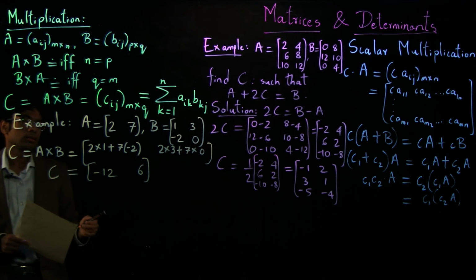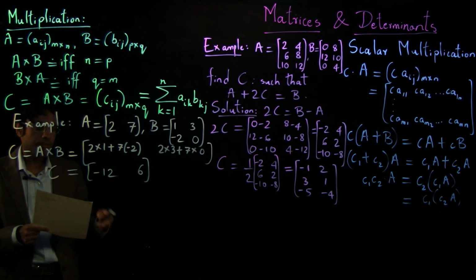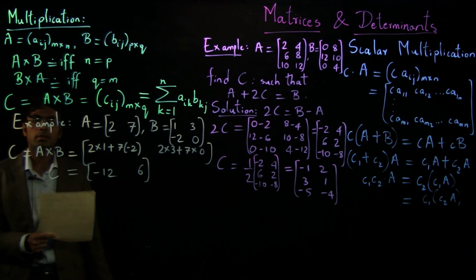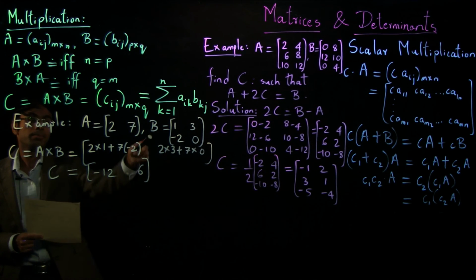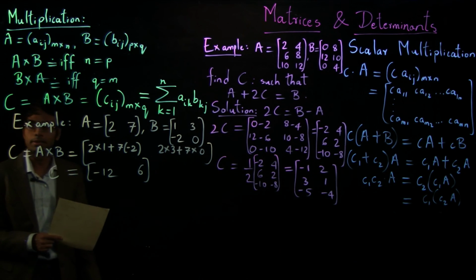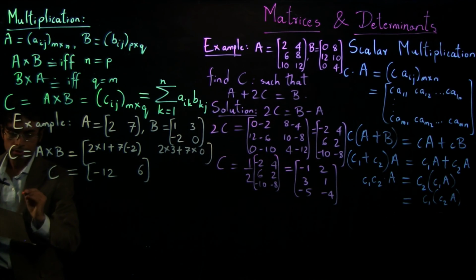Now a thing to wonder about is, is BA defined? Can you do the converse? I'll leave it to the listener to figure out that BA is undefined. Think about why you cannot calculate that. Similarly, here's another example.